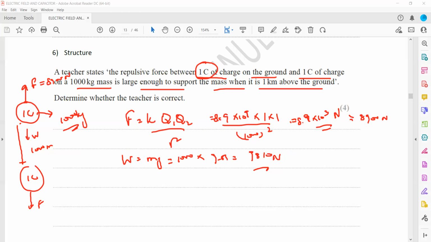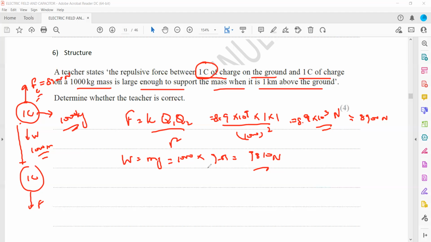So the statement is that the electrostatic force between the charges is not sufficient to balance a mass of 1000 kilogram at a distance of 1 kilometer or 1000 meters. At less distances it may be supported, but not at a distance of 1 kilometer.